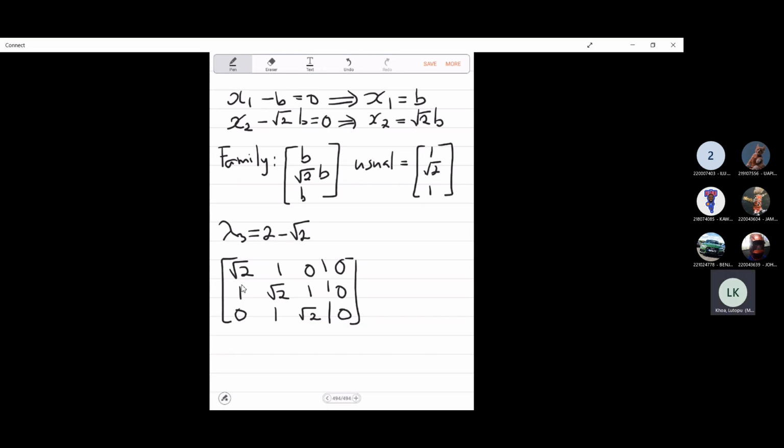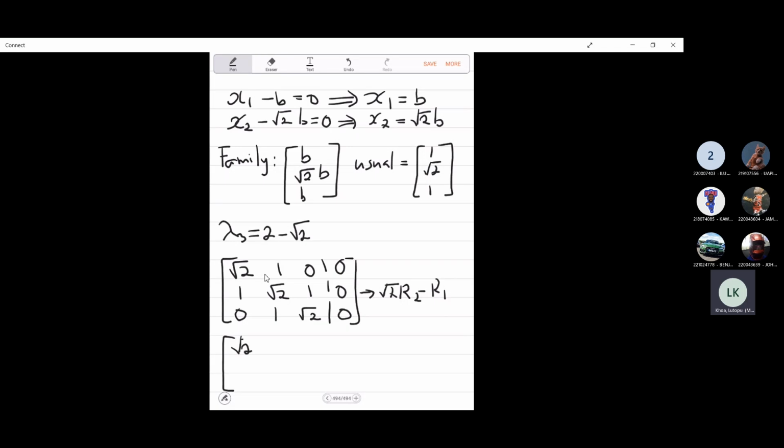Okay, so we can make this one here as 0. We'll say square root of 2 times row 2 minus row 1. This will give us square root of 2 minus square root of 2. Sorry, the first row is not changing.